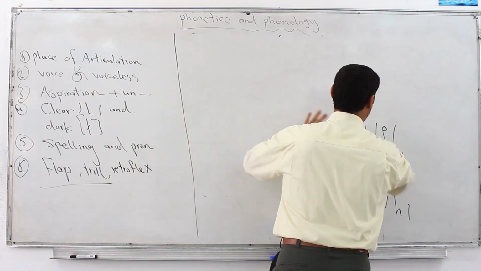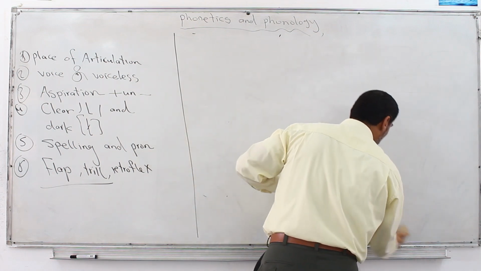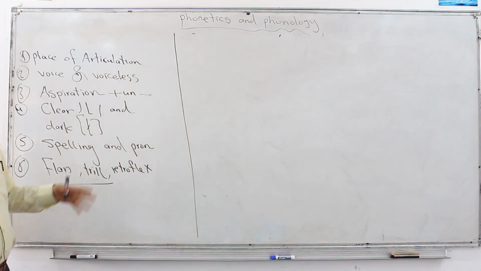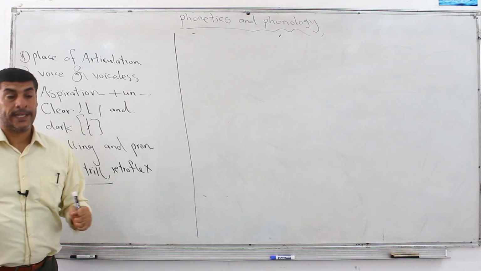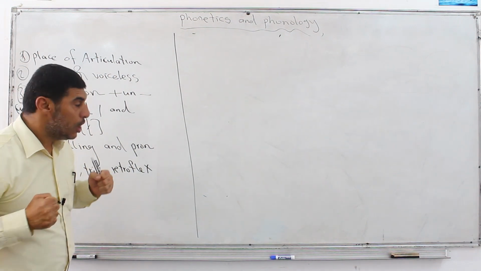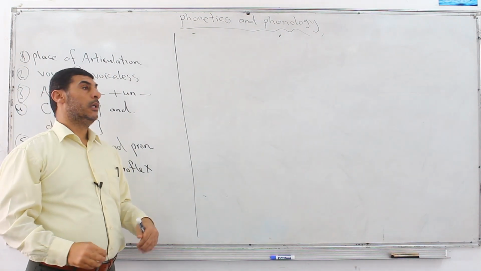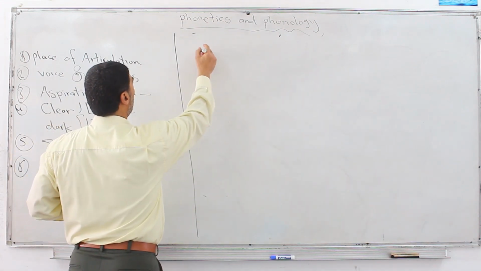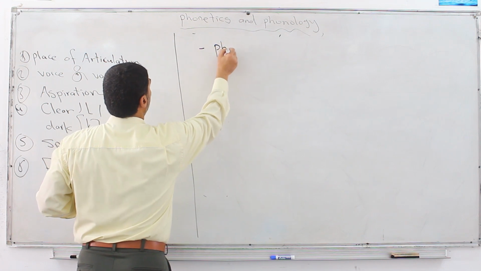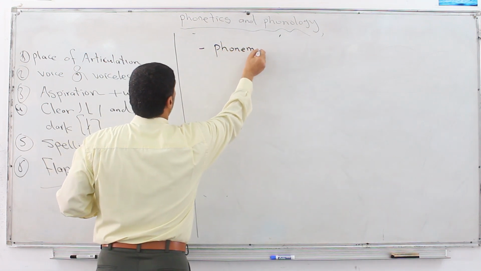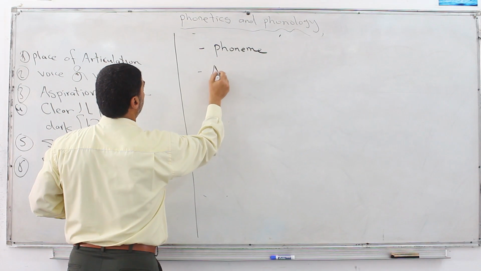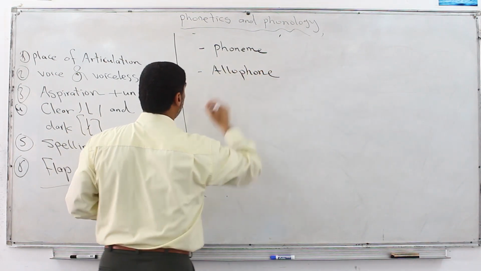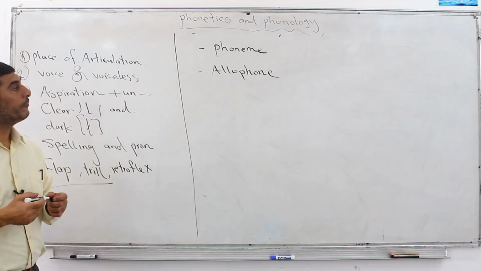But before I explain what is meant by aspirated and unaspirated sounds, I feel it is of great importance to differentiate between two things: phoneme and allophone. Okay, so what is a phoneme?